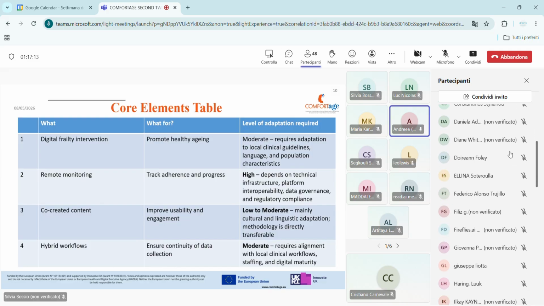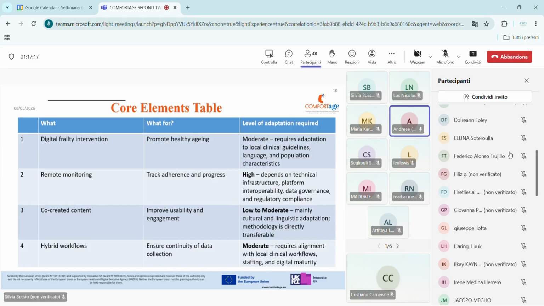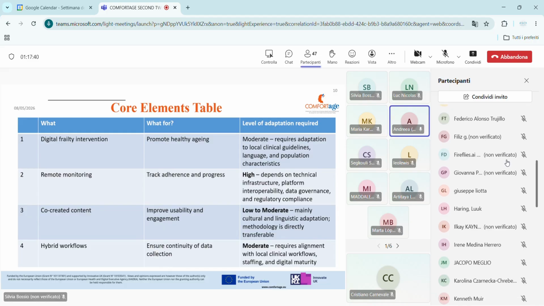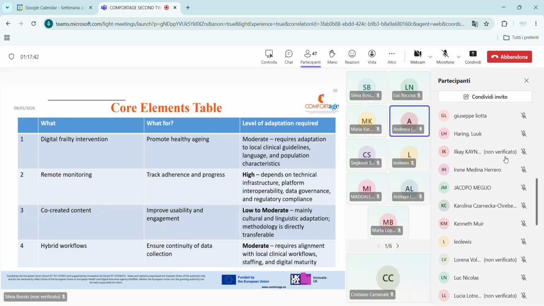Remote monitoring carries the highest adaptation burden, given dependencies on technical infrastructure, platform interoperability, and regulatory compliance. The four elements are transferable in short, but it's not as easy as plug and play. Next slide, please.